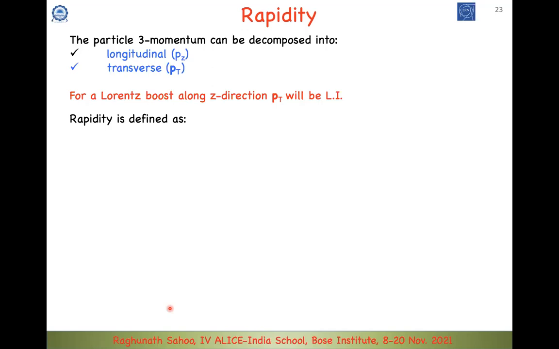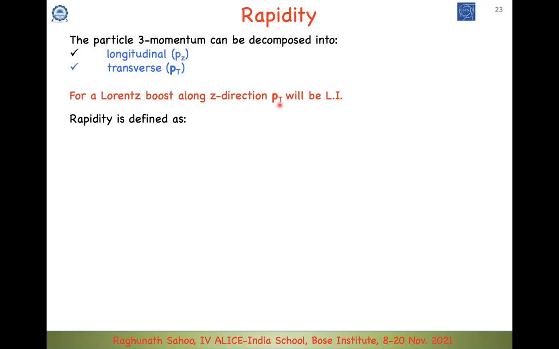So the particle 3-momentum can be decomposed into longitudinal and transverse components, PZ and PT. These are the things we use in our experiment, right? PZ is longitudinal, the Z axis is chosen to be the beam axis, and transverse is PT. All transverse components are actually very good, at least for all of us, in that they are invariant under Lorentz transformation.